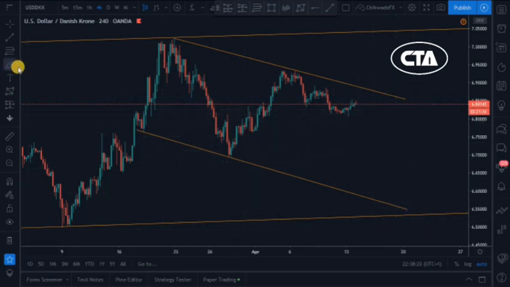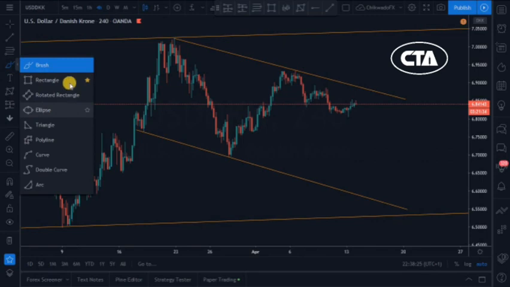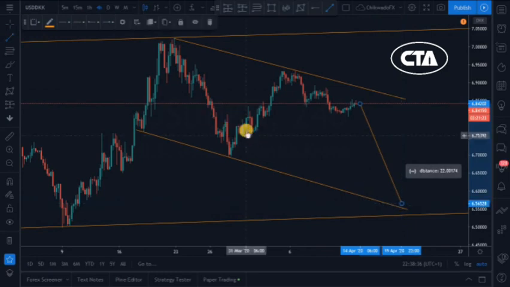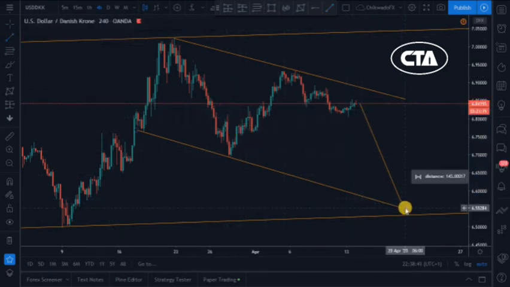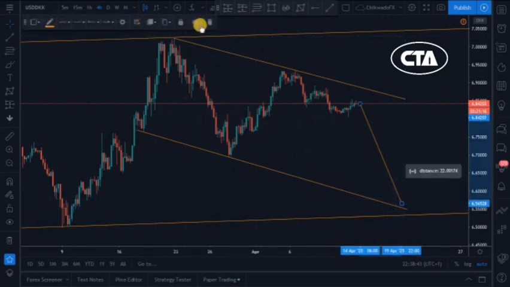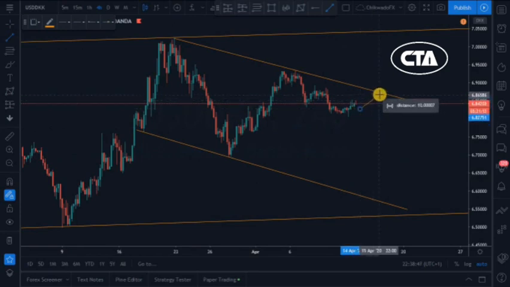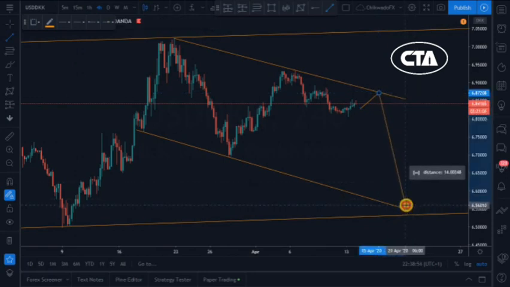Now, what I'm expecting to see, this is US dollar, Danish krone. This is the currency that I've seen to have had probably the highest and the strongest correlation with the dollar. So we expect the market to either give us a straight run down to this point, or push up, touch this trend line, the top of this channel, for the third time, and then run down.